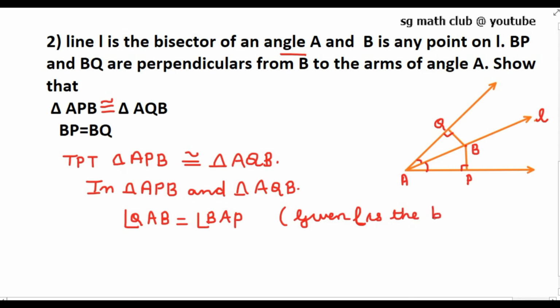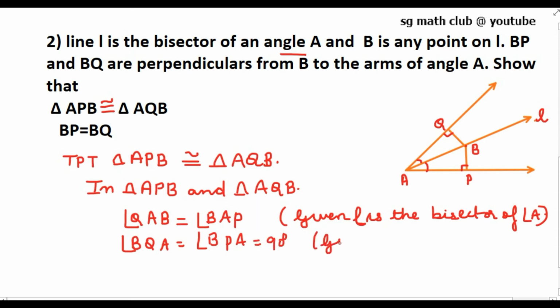It is given in the question, bisector of angle A. Again, we can write one more angle, angle BQA equal to angle BPA equal to 90 degrees. That is also given because BP and BQ are perpendicular. So we got two parameters already.